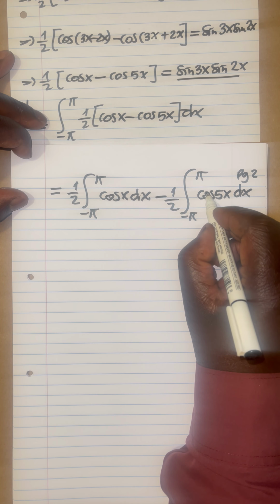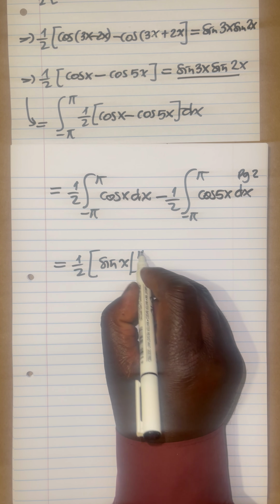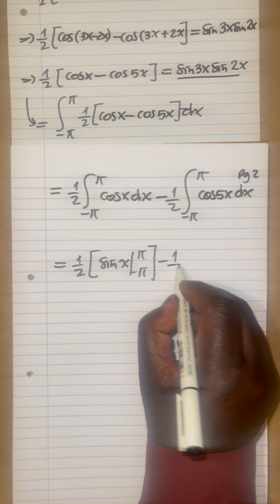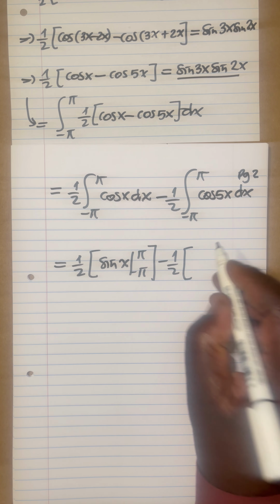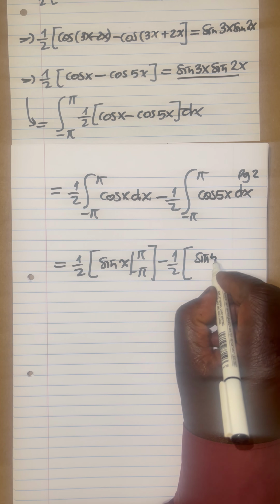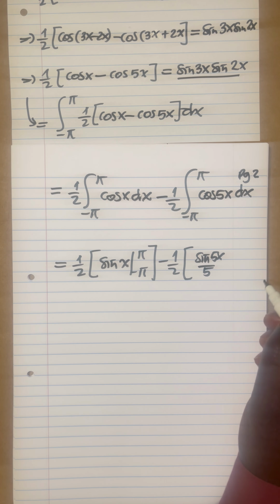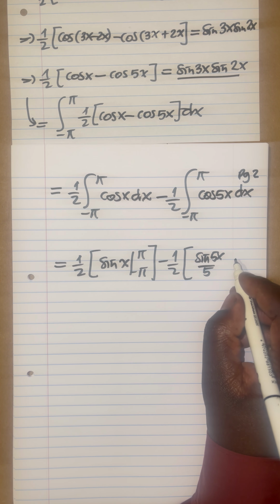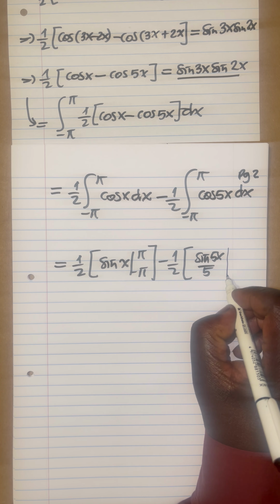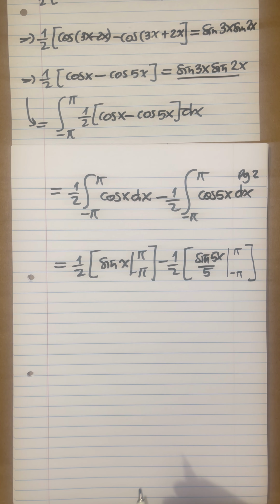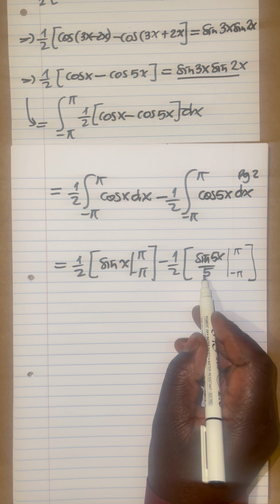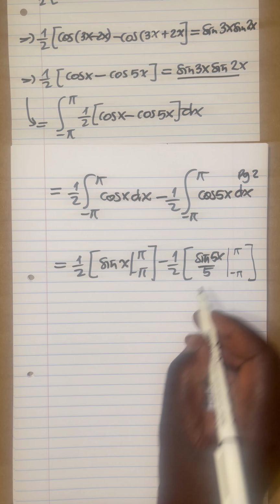So let's work on the left-hand side here. 1 over 2, the integral of cosine is just sine, so we have sine x evaluated from minus pi to pi, minus 1 over 2, and the integral of cosine 5x has to be sine 5x over 5. Remember, you can verify that by using u substitution. We're evaluating this from minus pi to pi. Take the 5 out, it's 1 over 5, so this becomes 1 over 10.